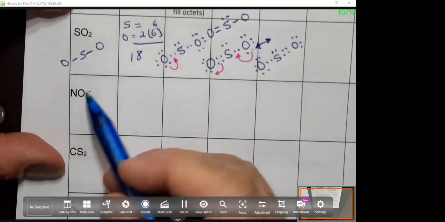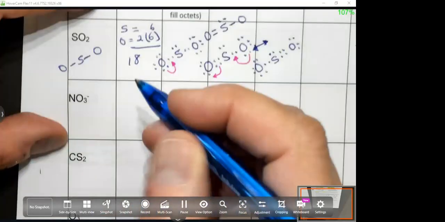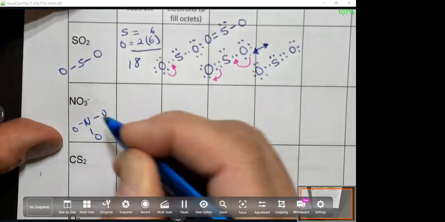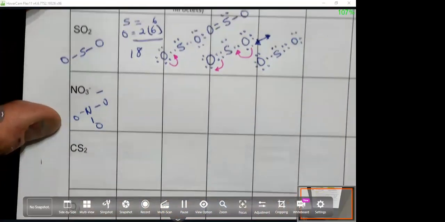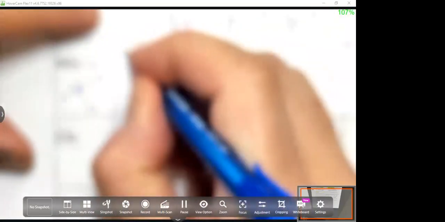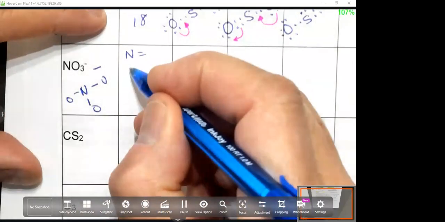All right, NO3 minus. And we got a negative charge on that, right? NO3 minus. My total valence electrons, how many for nitrogen? How many for oxygen?